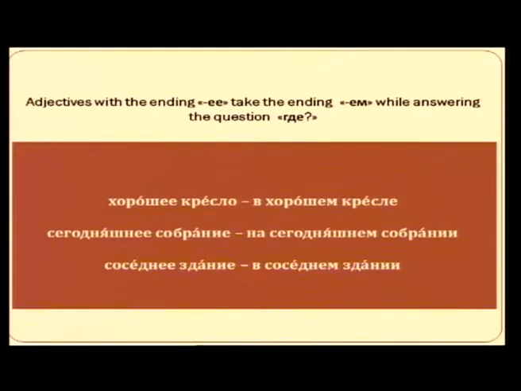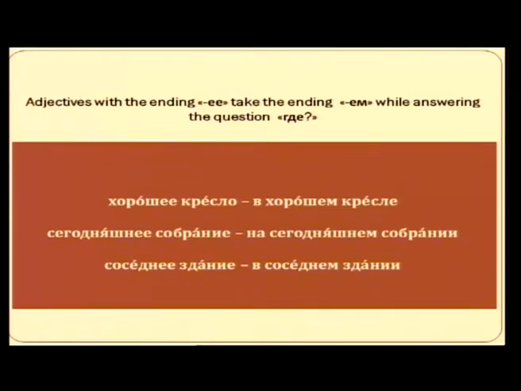Now, we will go to the next section where we will talk about certain examples where these endings of adjectives along with nouns are being used. Please pay attention to certain such examples. There is a different category of adjectives of the neuter gender which end with ye, like хорошее кресло.